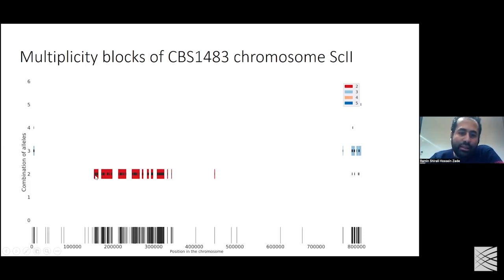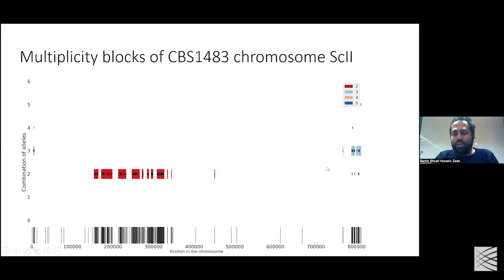And the black boxes here in the middle are actually the seeds. The red box on top of them shows that there is a multiplicity block with multiplicity level of 2. That means that we have 2 haplotypes only here. So although this chromosome is a triploid, it's a waste to try to reconstruct 3 haplotypes for these regions.